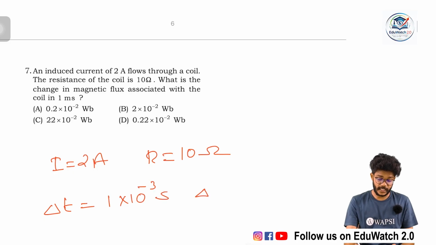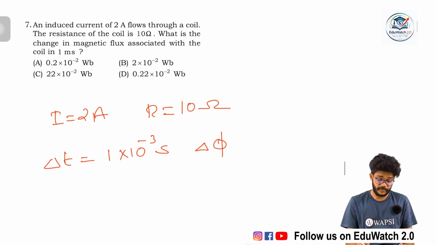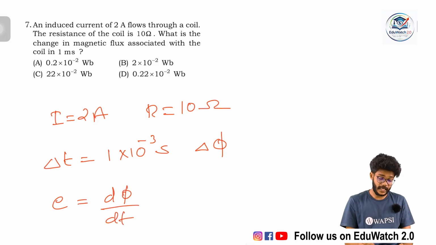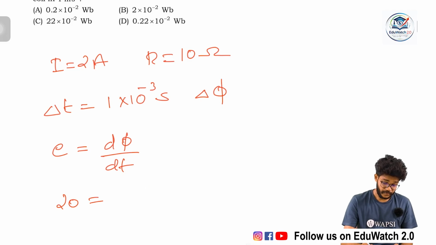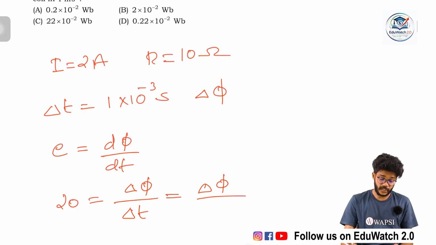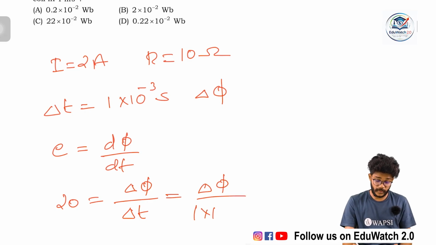We have to calculate the change in magnetic flux, so the change in phi. We have the equation epsilon is equal to d phi by dt. E is the potential, that means the EMF generated. EMF is current into resistance, 2 into 10 is 20. So 20 is equal to change in phi by change in time, where change in time is 1 into 10 raised to minus 3.